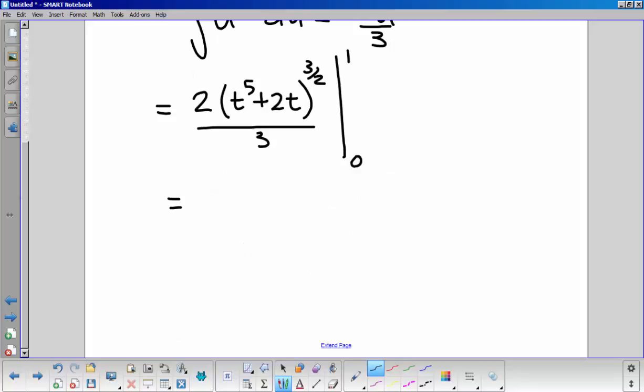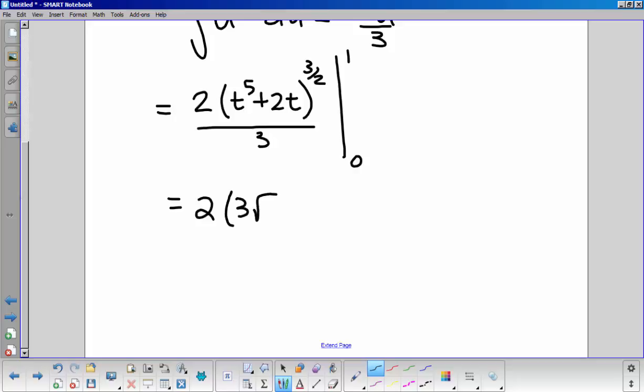Let's plug in 1. 1 plus 2 is 3, so that's 2 times 3 to the 3/2. Square root of 27, right? If I cube the 3, I get 27. So that's going to be 3 root 3.